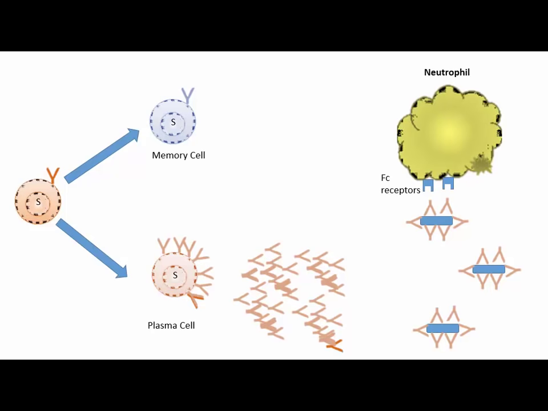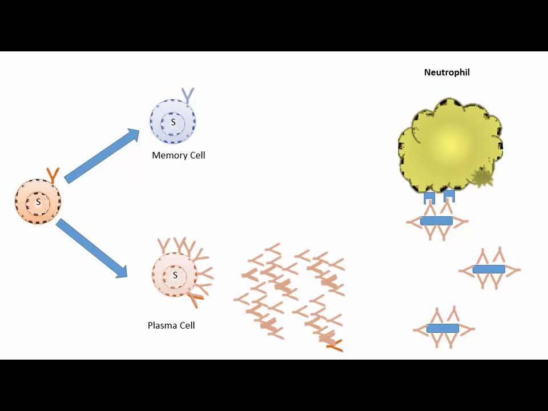So here we have the antibody that has attached to the infectious agent. And here we have a phagocyte. And the phagocyte has specialized Fc receptors. These Fc receptors then are able to attach to the Fc region of the antibody and basically phagocytose the whole complex and then destroy it through respiratory burst and enzymatic processes.